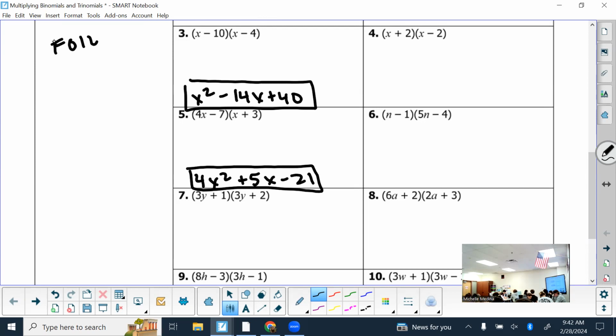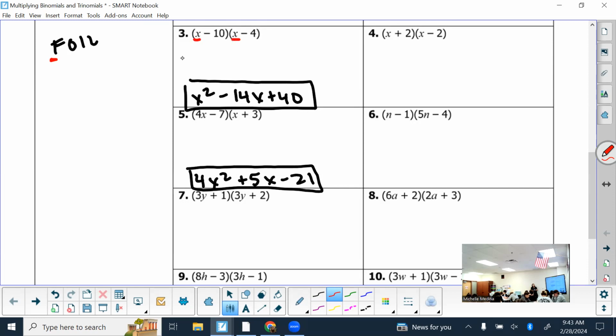And that tends to actually still be the order we multiply them in the other methods. I like this method. That's all I learned in high school. They didn't teach the other methods. But I know for some people, it's hard to identify which is the first, which is the outer, and all of the things. So first would be referring to the first term in each parentheses.